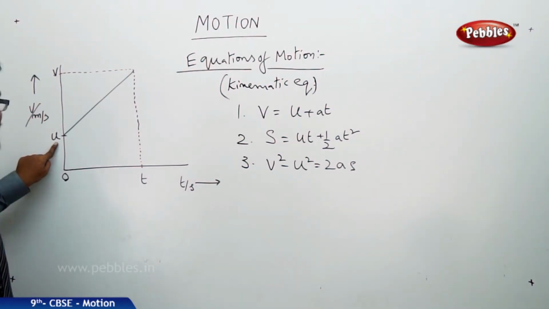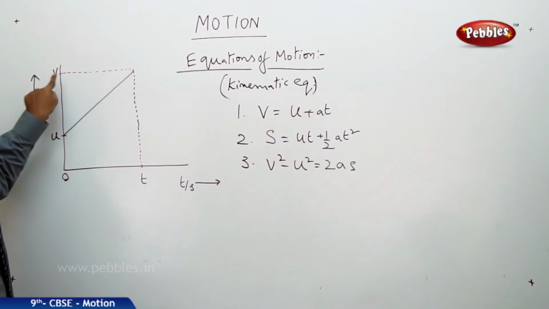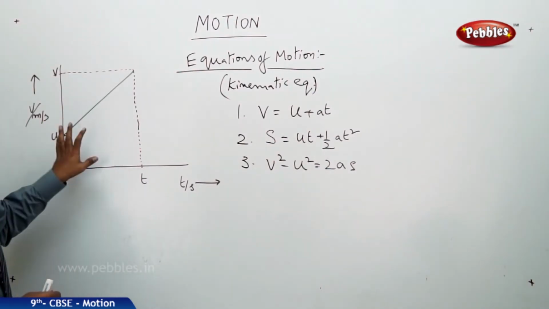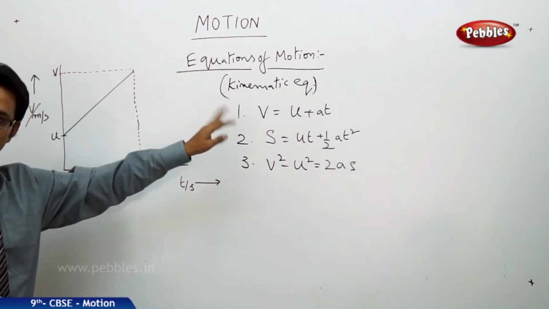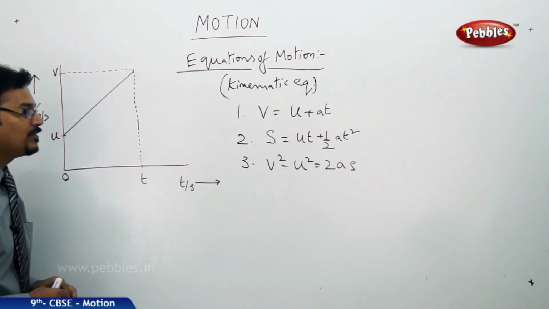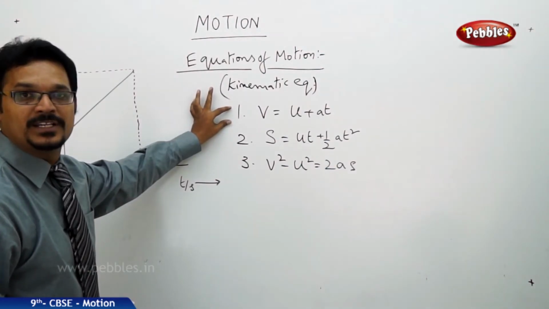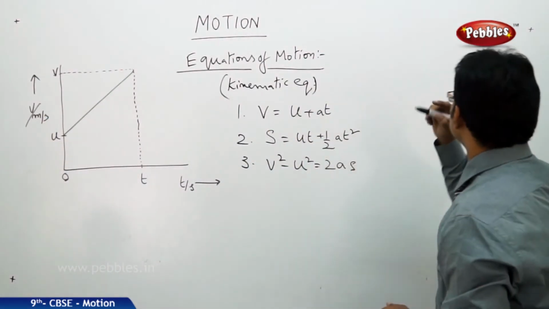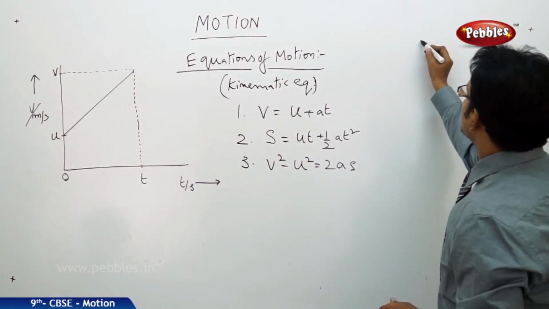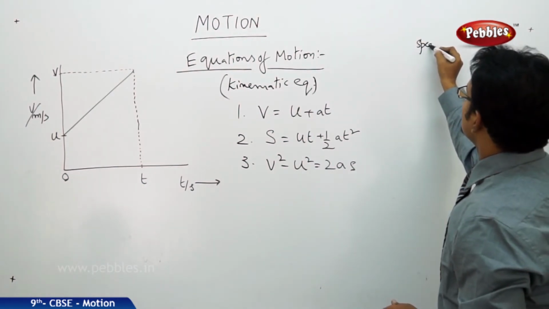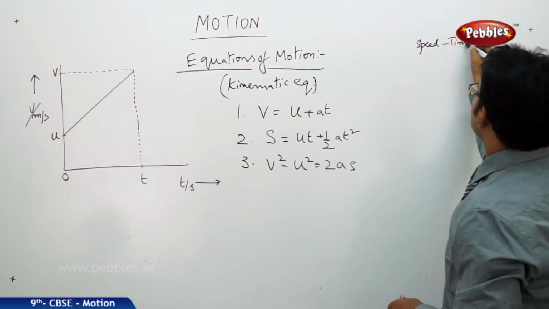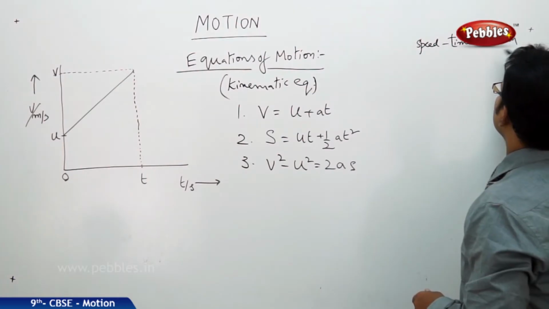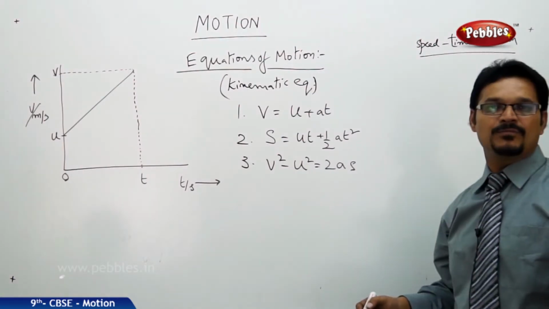So the body has initial velocity u and reaches final velocity v in time t. So in this situation, we need to derive these equations. So let me derive the first equation, v equal to u plus at, which is called the speed time relation, or you can say velocity time relation also.